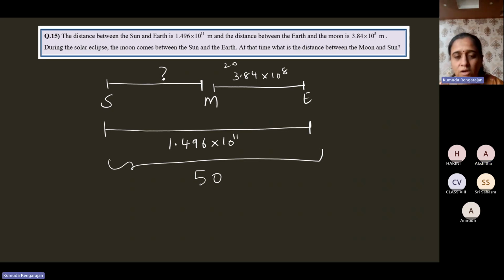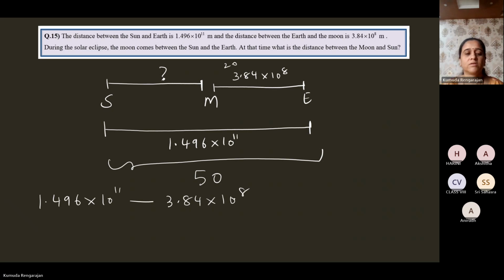So we all understand now. For the given question, the answer is 1.496 into 10 to the power 11 minus 3.84 into 10 to the power 8. Correct? Yes, ma'am.